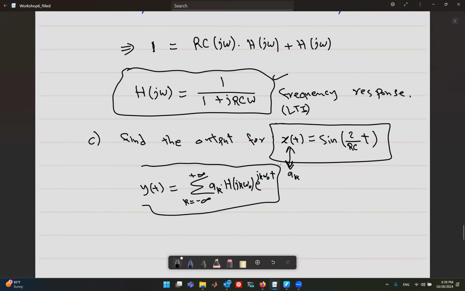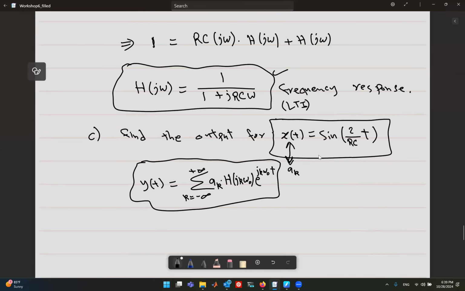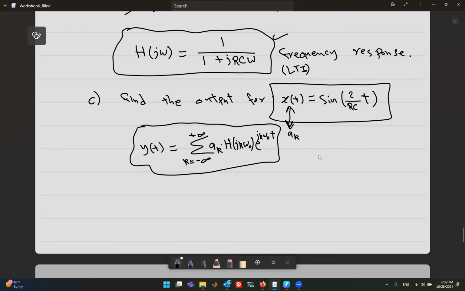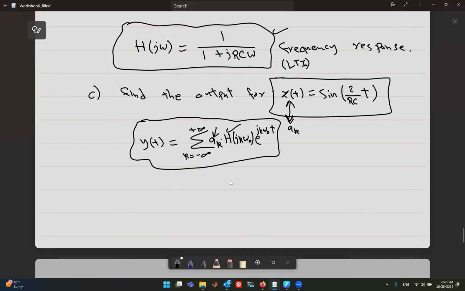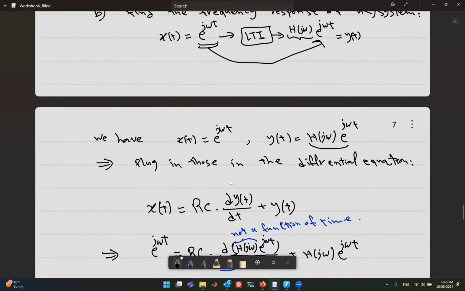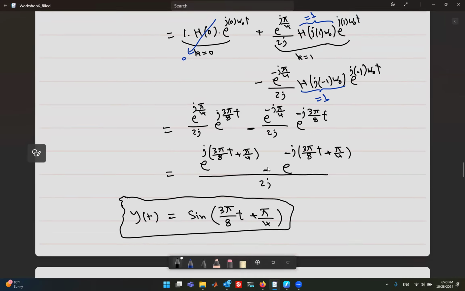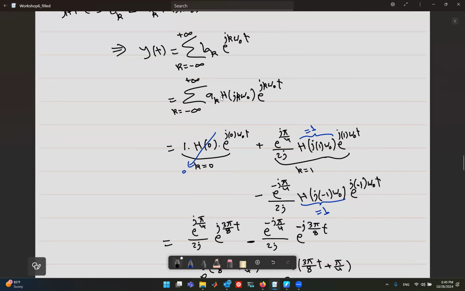You will use this one. As in the previous example, this one is given. You just need to find this, and it's easy for a sine. You don't need to do any integration. You just use Euler's formula, rewrite this sine as exponentials, simplify it a little bit, and you will find the coefficients directly, similar to what we have done here in this part.